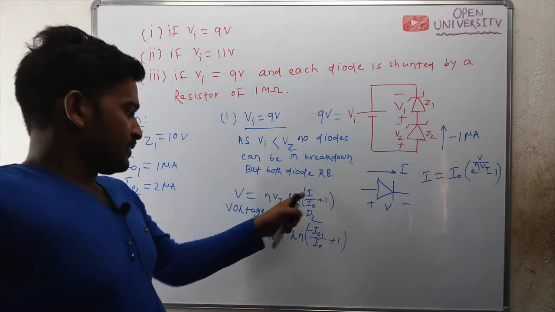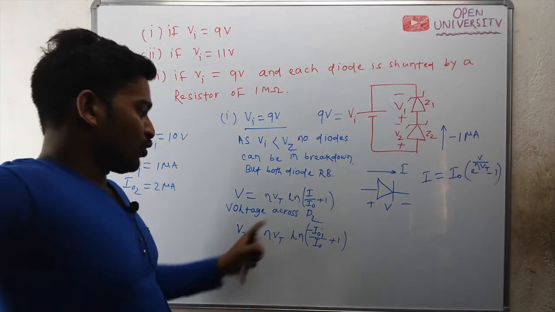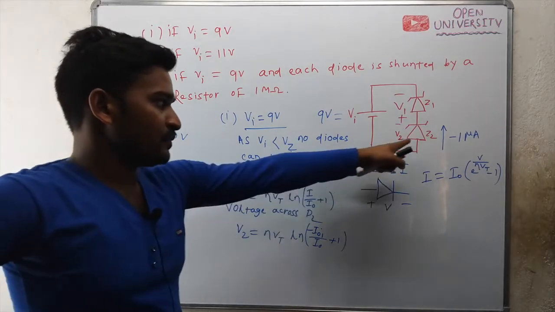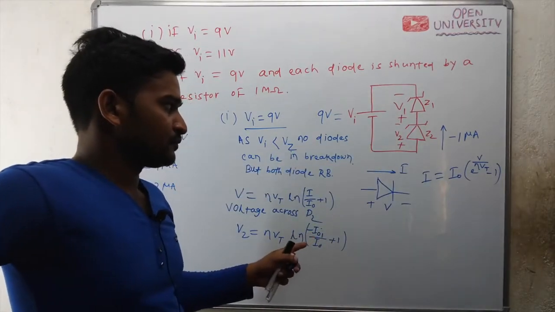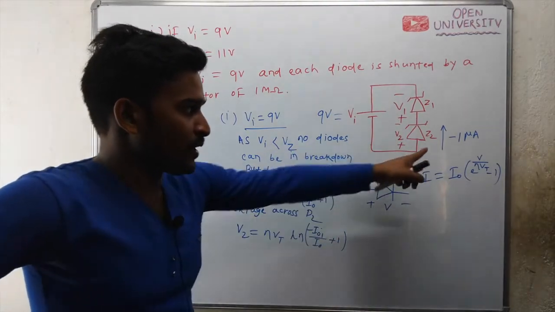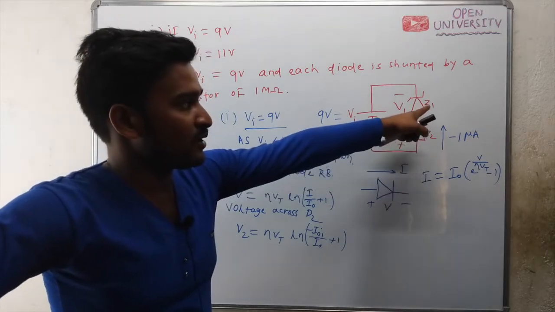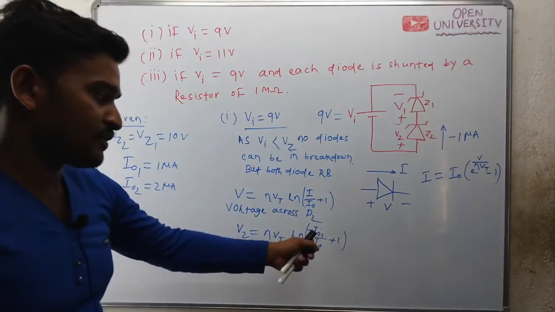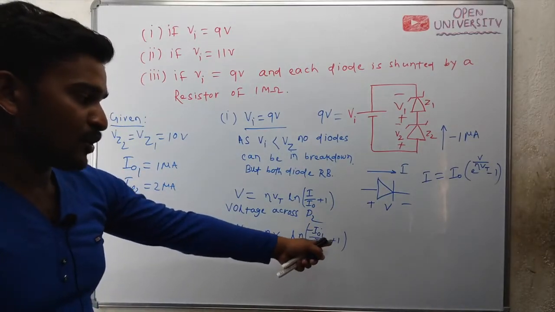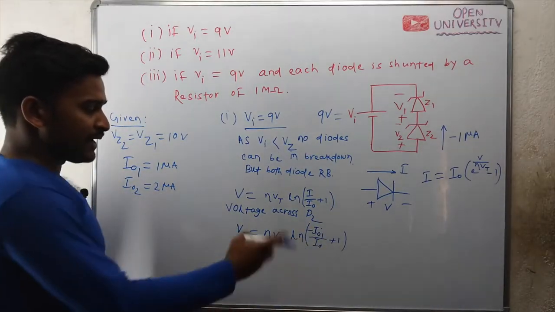So what is I? I is basically the forward current through Z2. What is the forward current through Z2? The forward current through Z2 is the same as the forward current through Z1, that is nothing but I minus I naught 1, so minus I naught 1 by I naught plus 1. And what is I naught?